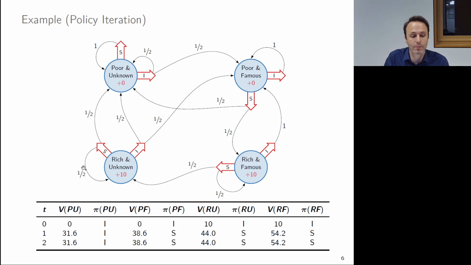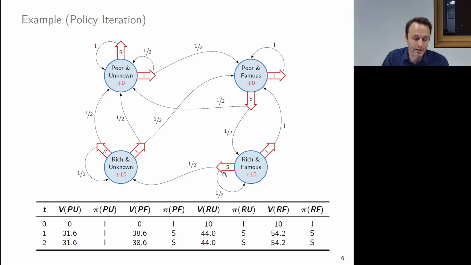So we initialize the policy to, let's say, invest in the case we are poor and unknown, invest when we are poor and famous, invest if we are rich and unknown, and also invest when we are rich and famous. So invest, invest, invest, invest everywhere. Now, if we calculate the policy evaluation, we get a plus 10 for rich and famous, plus 10 for rich and unknown, and a 0 for the two poor states.